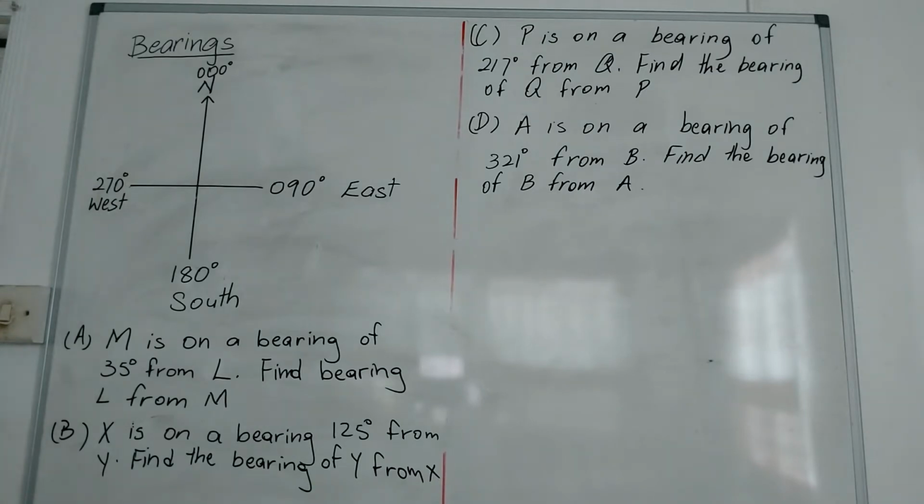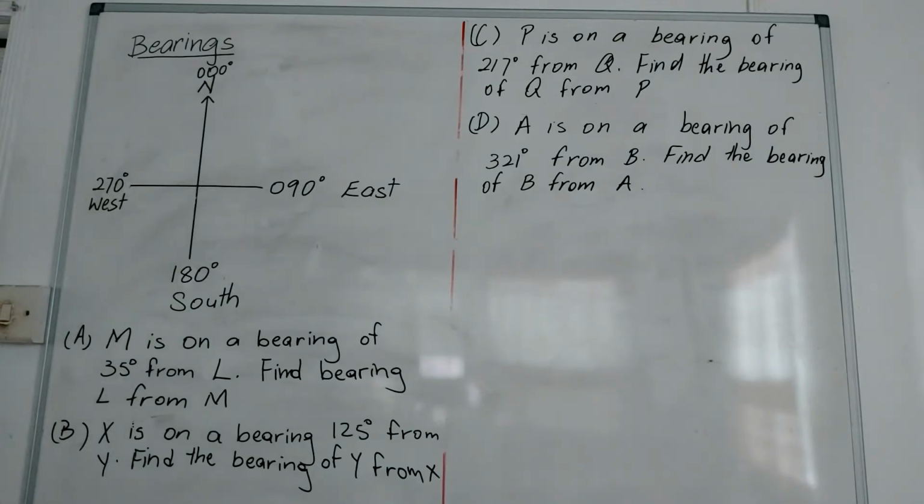Now, the next question, part B, says X is on a bearing of 125 degrees from Y. Find the bearing of Y from X. Again, let us first start by drawing our north line.